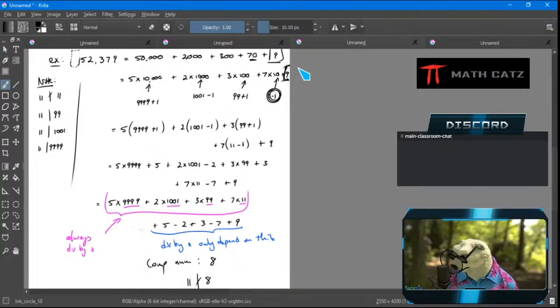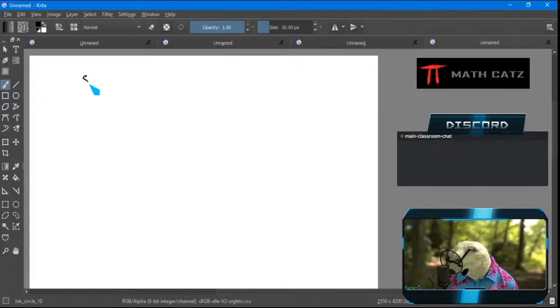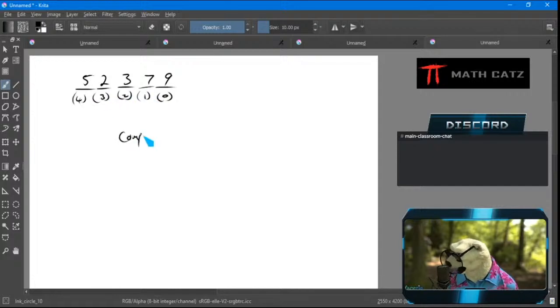What was my example here? 5, 2, 3, 7, 9. My decimal positions were 0, 1, 2. My comparison number, starting from the right, 9 minus 7 plus 3 minus 2 plus 5, and it'll continue if there were more. So the test for 11.